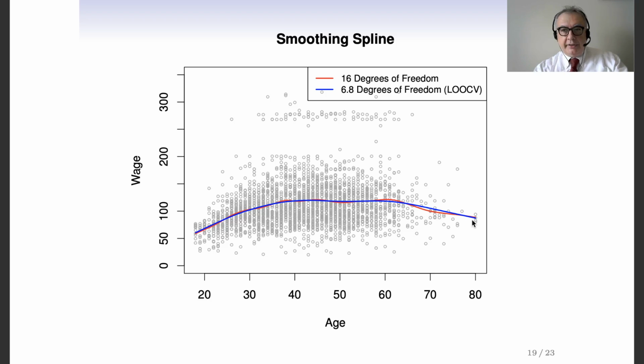The other interesting fact is that you have 6.8 degrees of freedom, and this could seem a mistake because you see, how can it be that the degrees of freedom are not an integer? But as a matter of fact, for smoothing splines this is well possible.